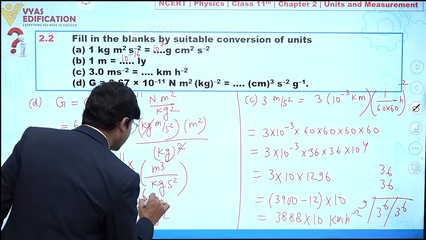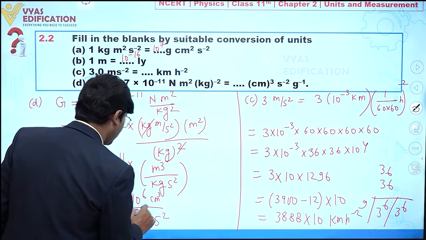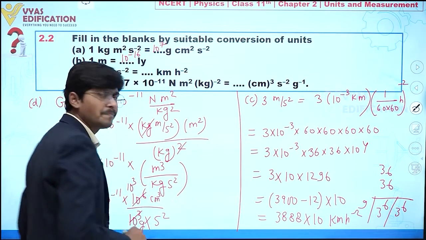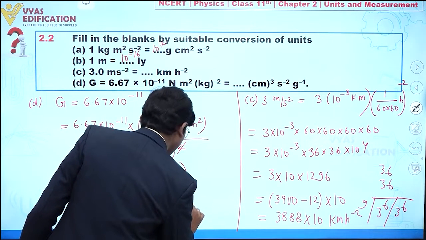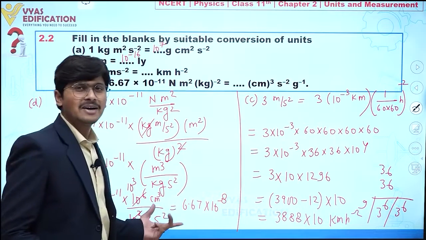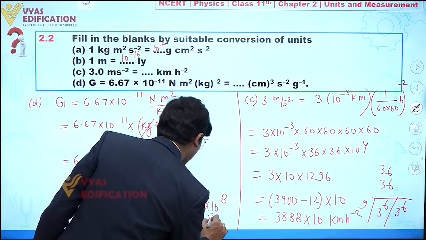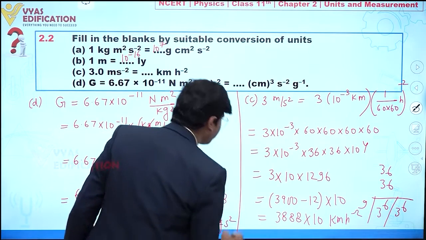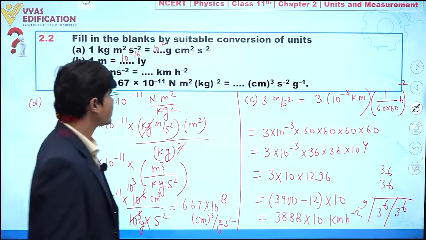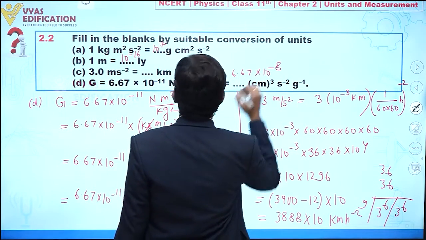From here we can say this is 10 to the power 3, clear. So we can write like this, 6.67 into 10 to the power minus 8, and the unit is centimeter cube per gram per second square, clear. So the correct answer is 6.67 into 10 to the power minus 8, clear.